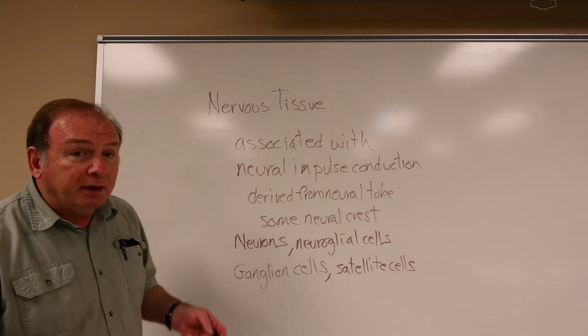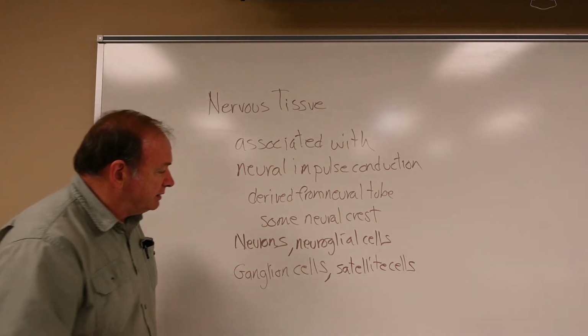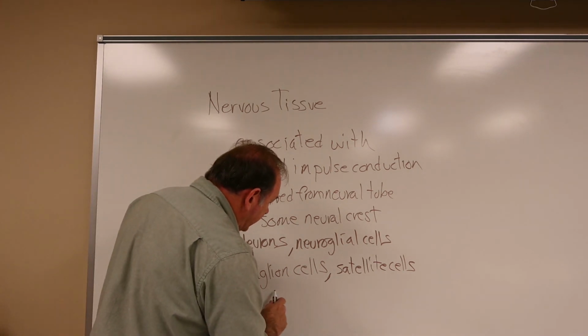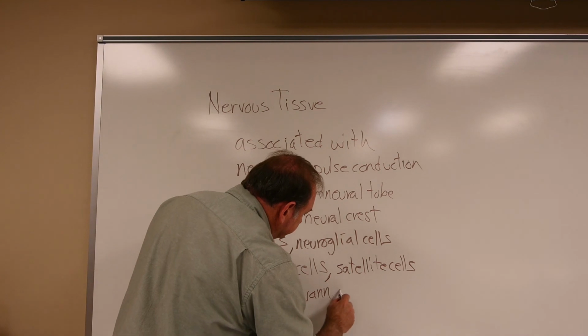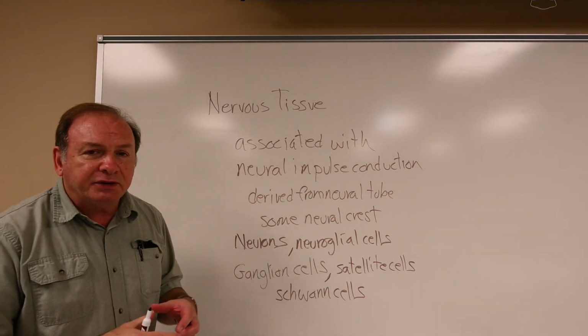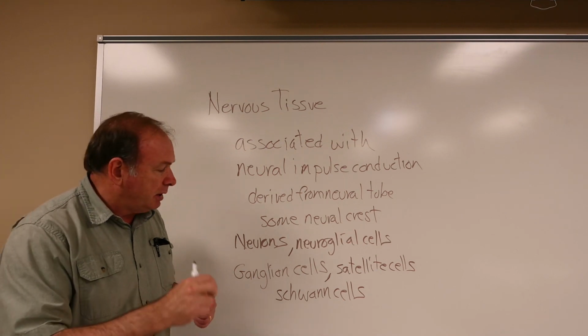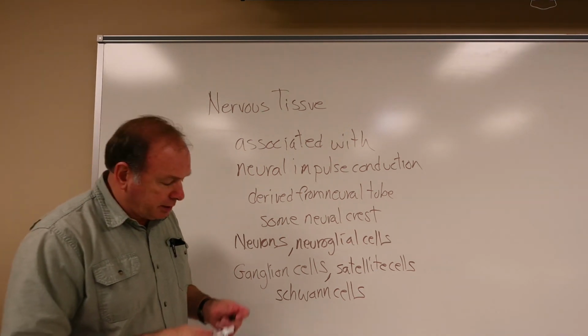They pack in around and protect the ganglion cells. And we have the Schwann cells that form around the outside of nerve fibers. And we'll describe how that works later on as well.